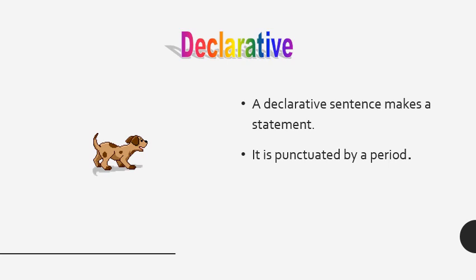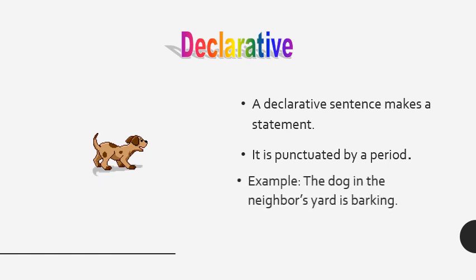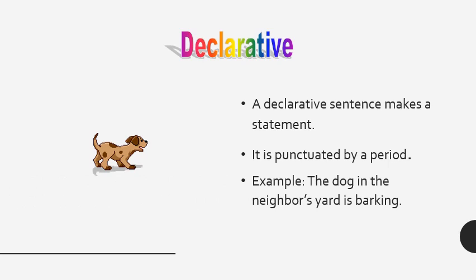It ends with a period. Example: the dog in the neighbor's yard is barking. This sentence tells me something. So it gives a statement, and it starts with a capital letter and ends with a period. So this is a statement.